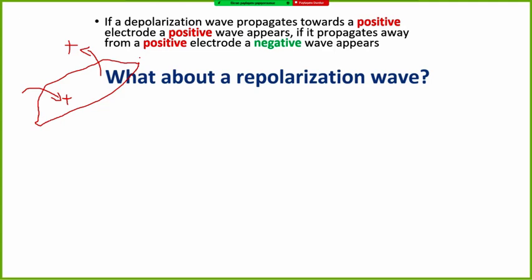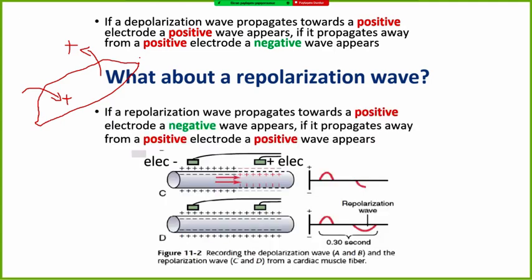Don't forget, depolarization and repolarization are opposite in a molecular sense. If a repolarization wave propagates towards a positive electrode, a negative wave appears here. And if a repolarization wave propagates away from the positive electrode, this time we see a positive wave.